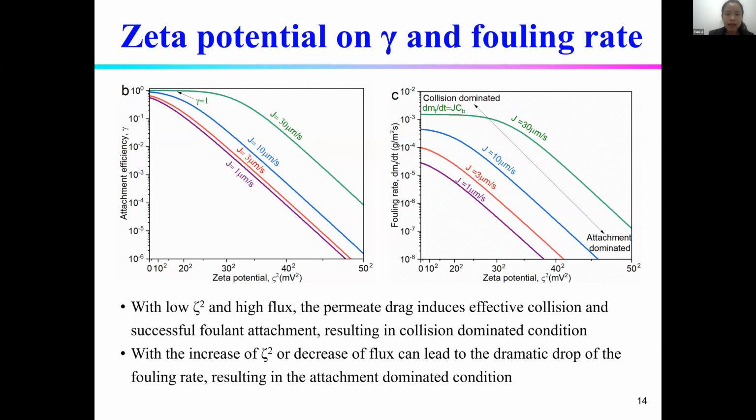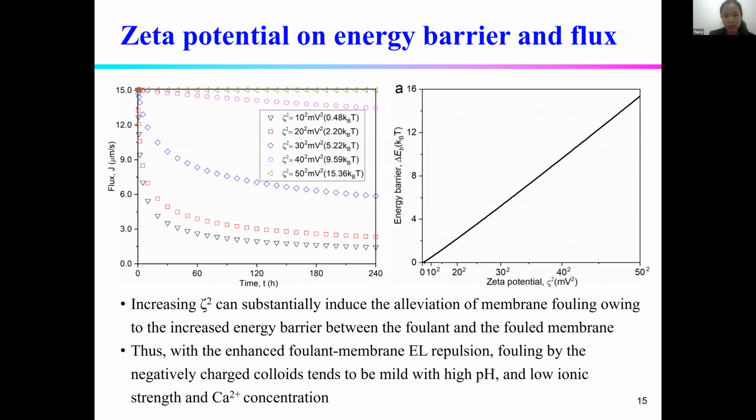Let's see the effect of zeta potential on the membrane fouling rate and the water permeate flux. From the first figure, we can see that when the zeta potential increases from 10 to 50, the water flux increases significantly, and from 20 to 30, there is a very big drop.